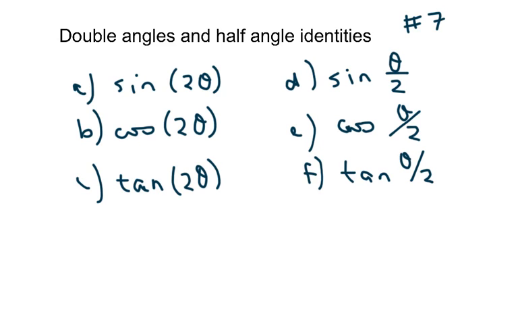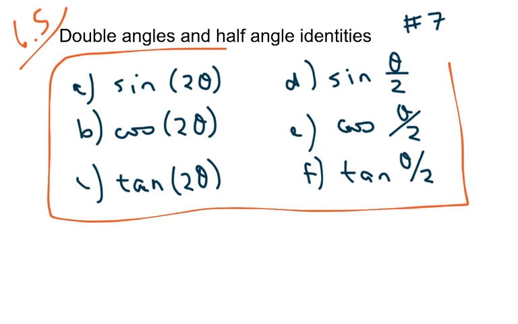On your number 7 for the flipped for 6.5, we're going to find all 6 of these based on the formulas. Before you start this video, please have your formulas ready in front of you for your trig book written down.